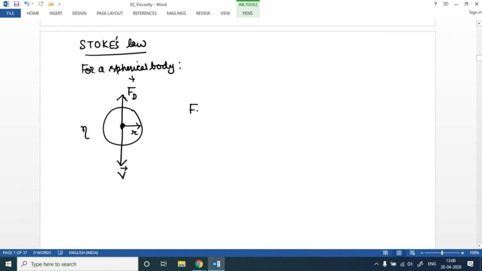The expression for drag force will be simply minus 6 pi eta RV, where V is the instantaneous velocity and Fd is the viscous or drag force. Eta is the coefficient of viscosity for the surrounding liquid, and R is the radius of this sphere. We will restrict our discussion to a spherical body only.